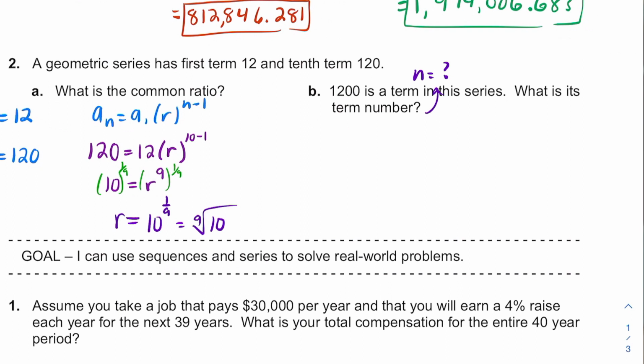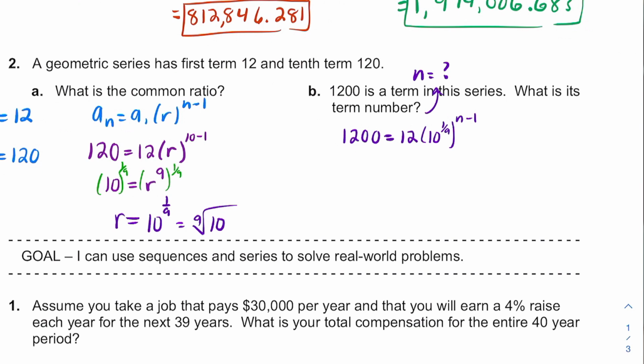For us here, we're going to say 12,000 is equal to my starting value of 12 times 10 to the 1/9 to the n minus 1 power. Let me break that down again. Wherever an goes, that's some term later on in the sequence. I put that here. 12 is my starting value, 10 to the 1/9 power is my rate, and this is the n minus 1, and n is what we're looking for.